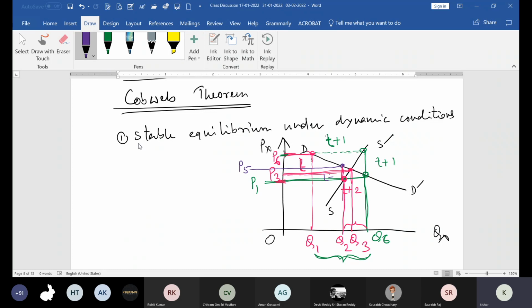Immediately, at T+2 time period only, same time period. When shortage of supply is there in market, immediately price went up to P5. When price went up, immediately demand comes down to Q2. Supply is also Q2, demand is also Q2. So whatever product was there, that is sold out.